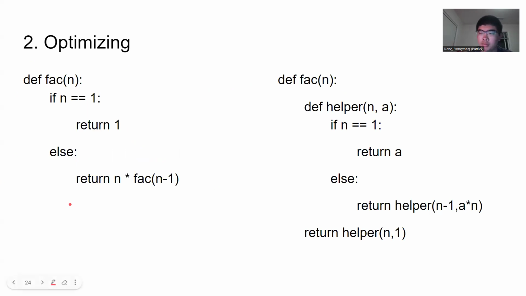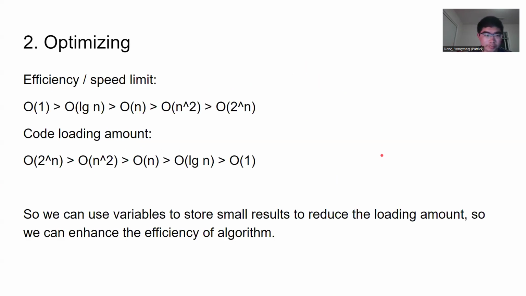So this is the one where we use single aggregate recursion, and this is the one where we use tail recursion. So we can use variables to store some small results to reduce the loading amount, so we can enhance the efficiency of the algorithm. I think tail recursion and single aggregate are both big O of n.